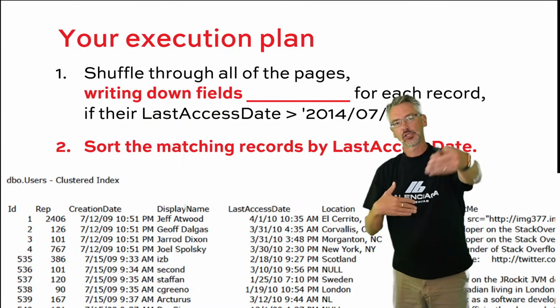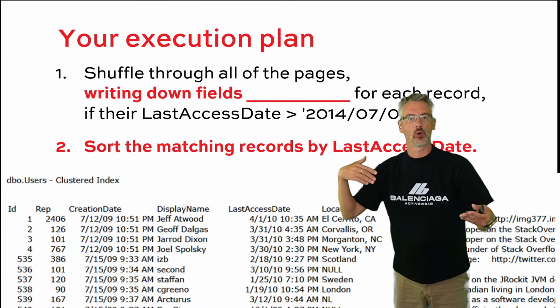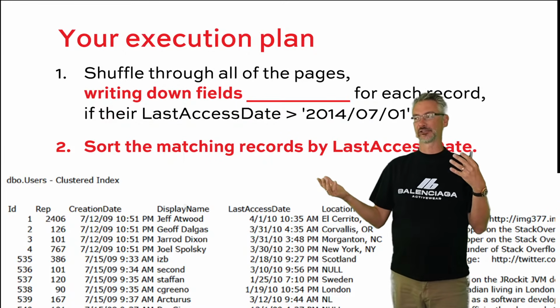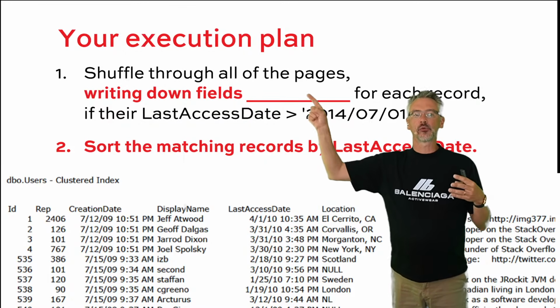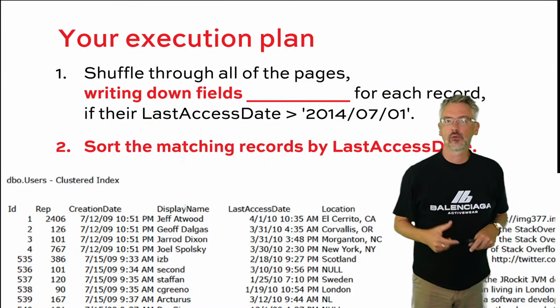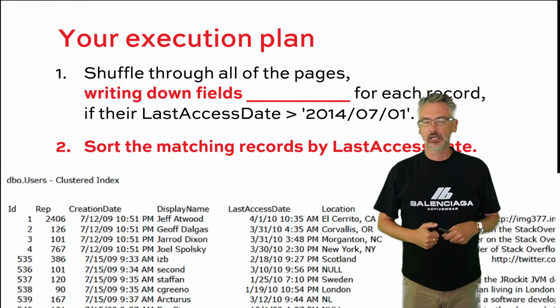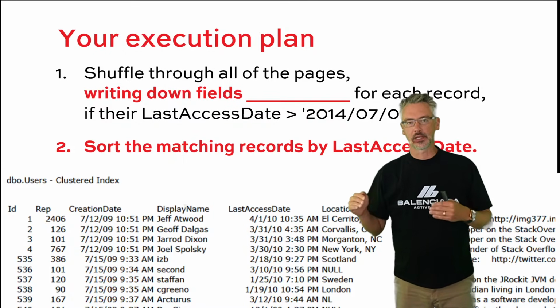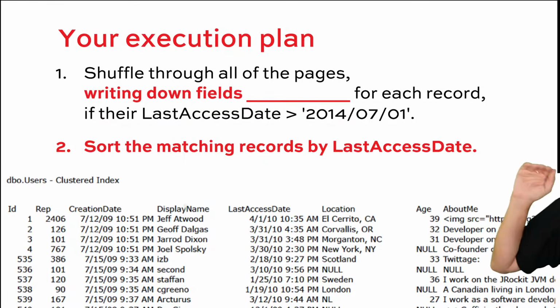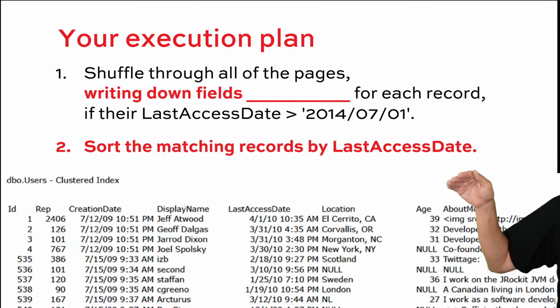You got to be able to sort them as you go or afterwards. Either way, it doesn't really matter to me in terms of project management. But you're going to have to write down two things. You're going to have to write down the ID, and you're going to have to write down its last access date, so that as you're sorting them, you'll be able to sort them out by last access dates.